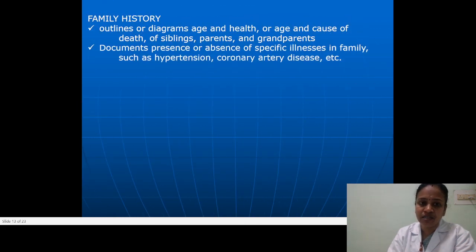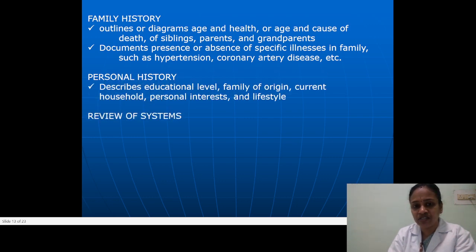In family history, we should mention whether any of the parents is suffering from illnesses such as hypertension, coronary artery disease, diabetes mellitus, and cancer. In personal history, it is related to the habits of the patient, whether they are a known smoker or alcoholic.